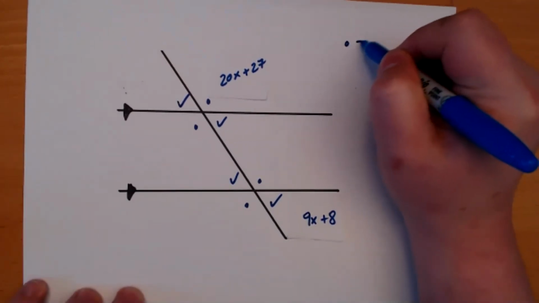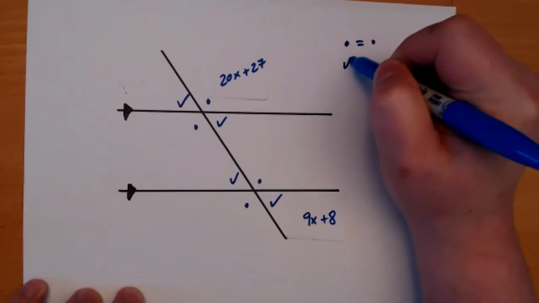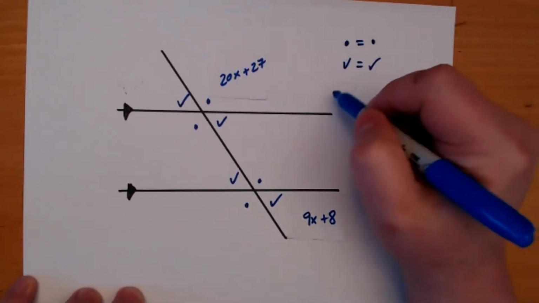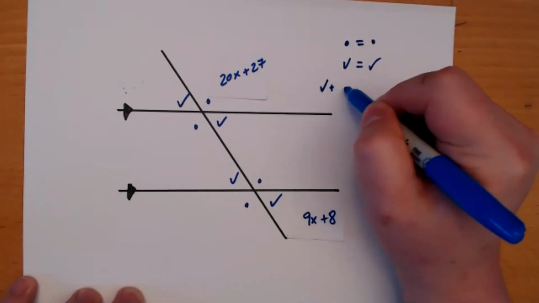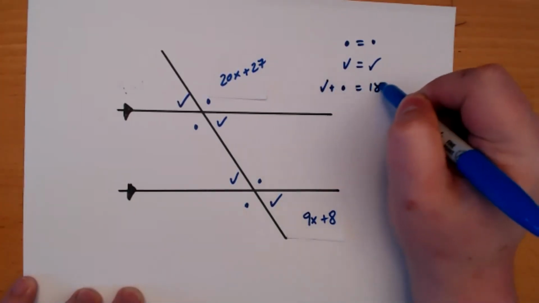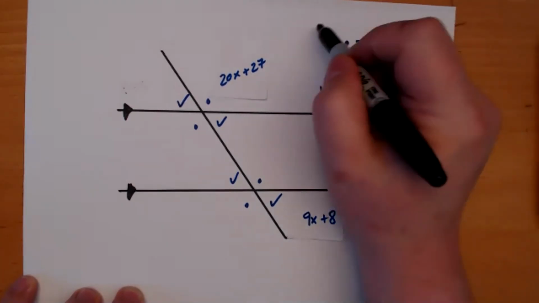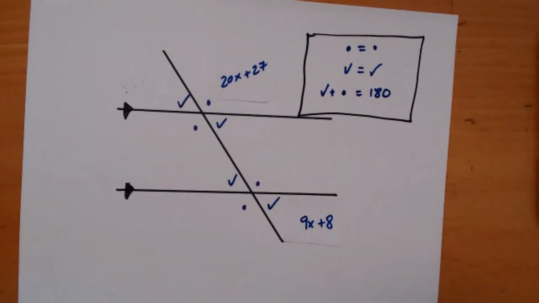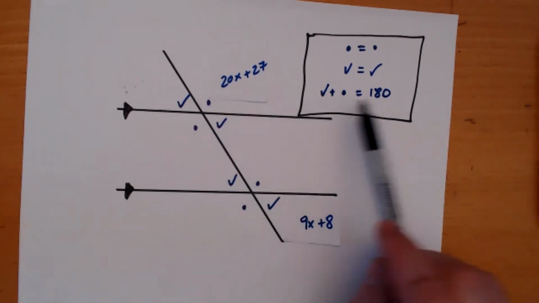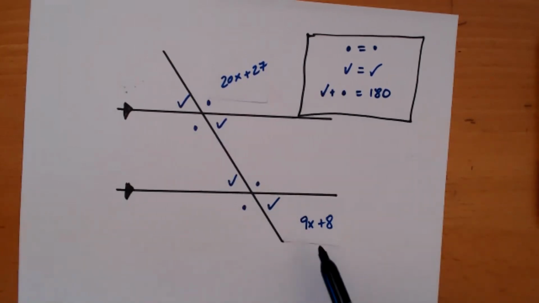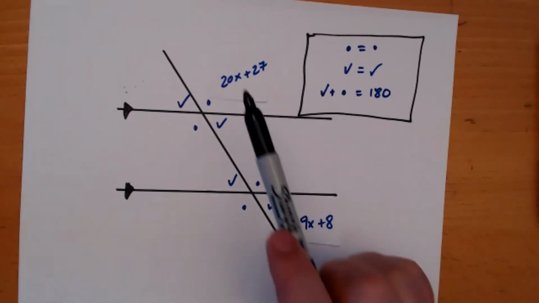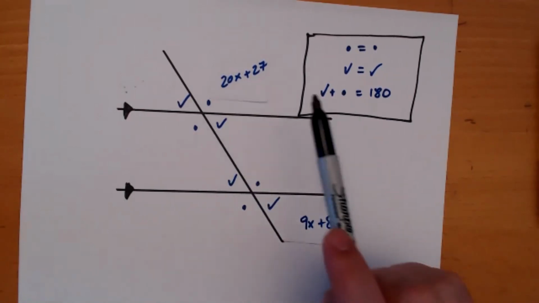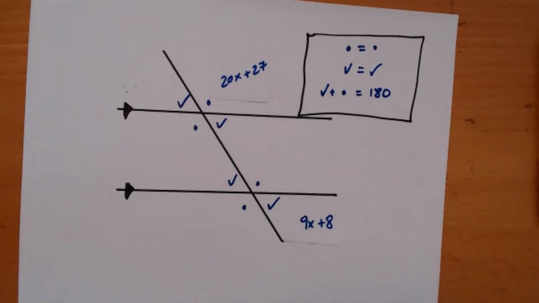Remember, dot equals dot, check equals check, and check plus a dot equals 180. And these are the equations you use to set them up. And since I've got a check and a dot, that's your equation. You take this, you put it there, you take this, you put it there, you add them up, and you make your equation.